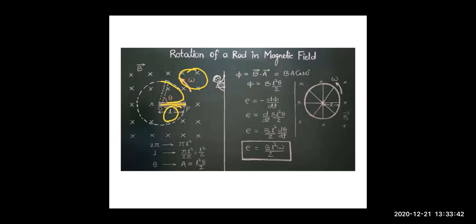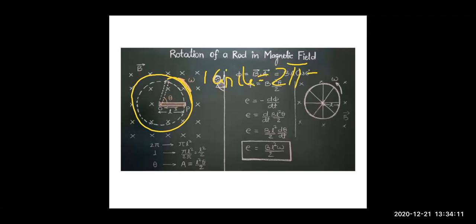With this angular velocity omega, the angle covered by the rod is theta. Suppose we talk about when the rod covers one complete circle. For one circle, children, the angle will be 2 pi, right?